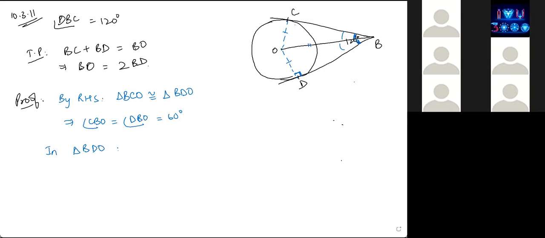I need a relation between BO and BD. So if this is the right angle, I need a relation between the hypotenuse and BD, the adjacent side. So I can take cos 60 degrees is equal to. So what is cos 60? 1 by 2.